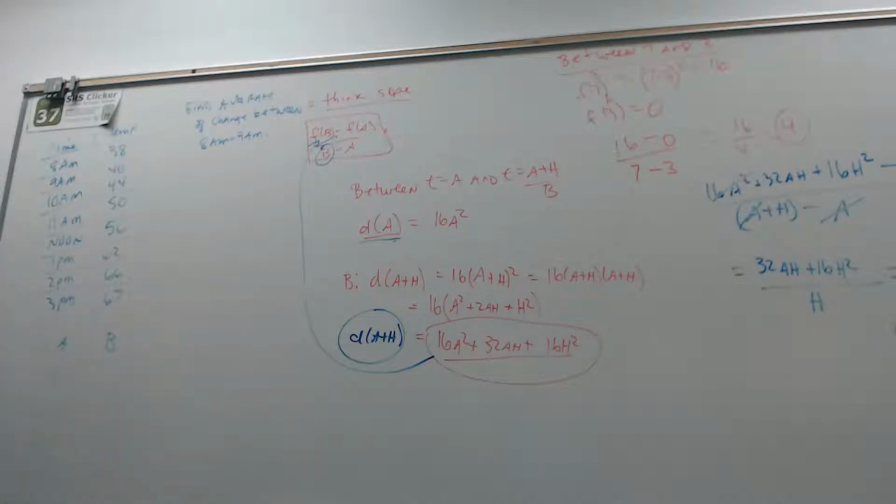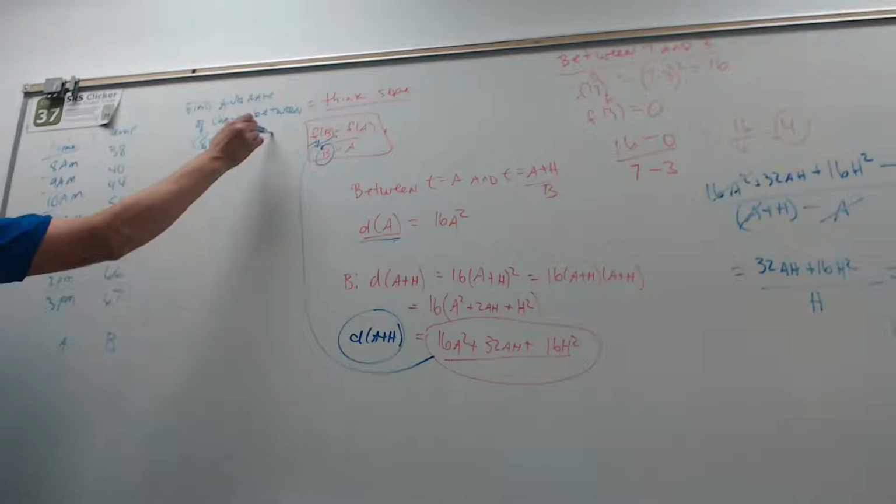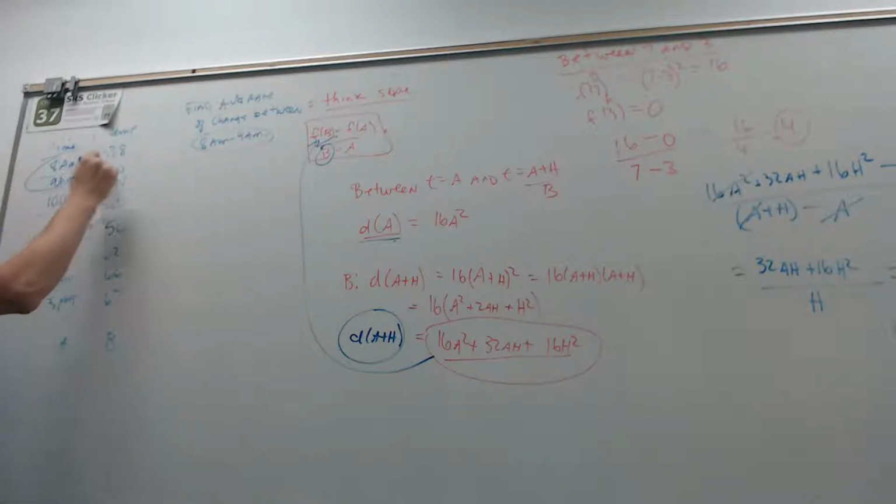So you would just plug it into the equation, right? Can you just pick any from the chart? No, you gotta pick between 8 and 9 a.m. So we're looking mainly at these two, right?